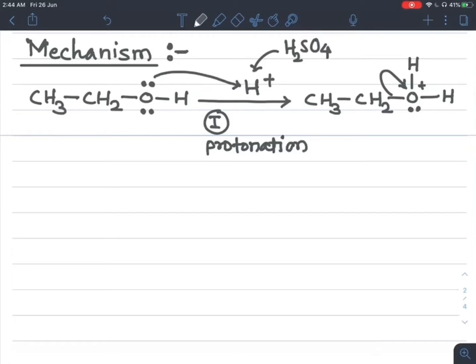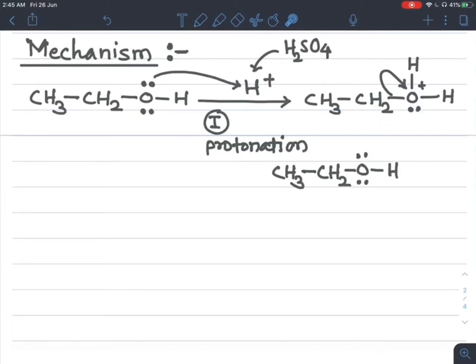Now at the same time, another ethyl alcohol is present in this solution. It comes in contact with this compound. Now see here, when this bond breaks, which ion is formed? CH3CH2+.